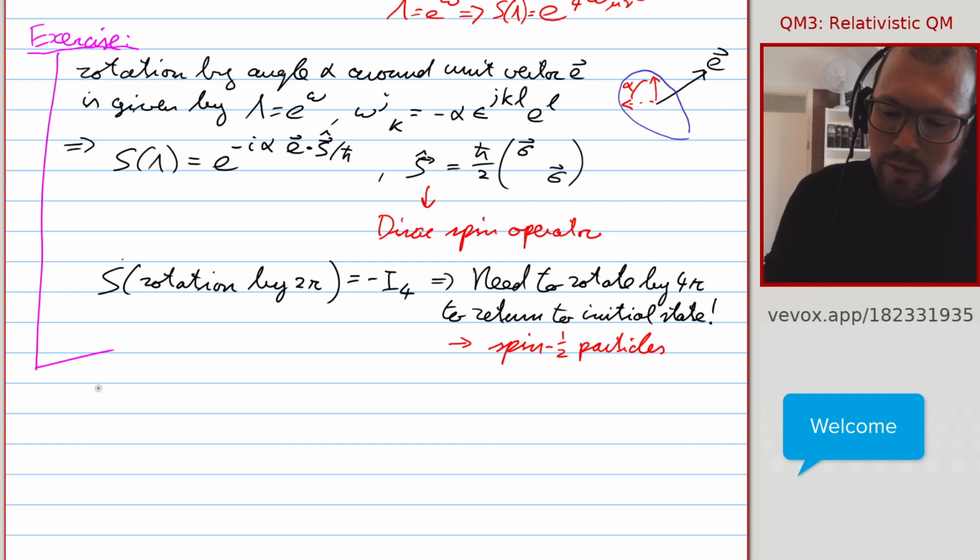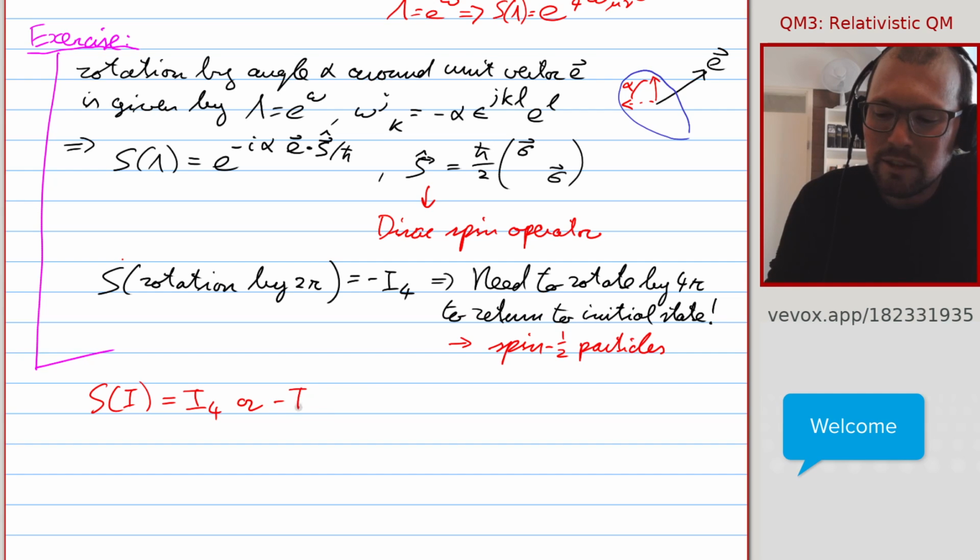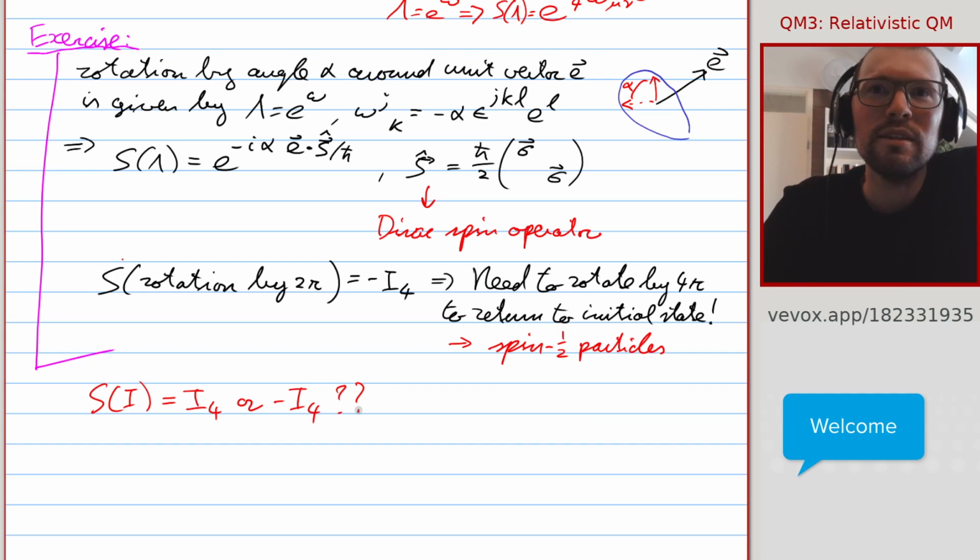But what does that mean? Rotation by 2 pi, that's the identity transformation, right? So what is it? Is the identity transformation going to the identity spinor transformation or minus the identity transformation?